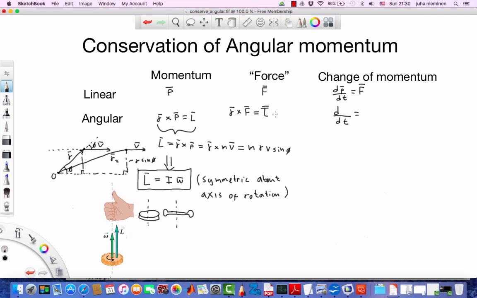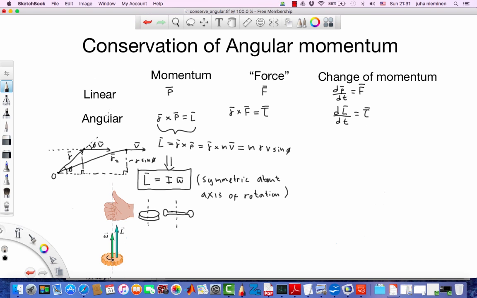In the angular case we have torque. And what else? In the linear case we have P, so in the angular case we are going to have L. Although this might look like a bit of hand waving, in my opinion it is also a nice demonstration of the symmetry in physics that in a lot of cases is present.